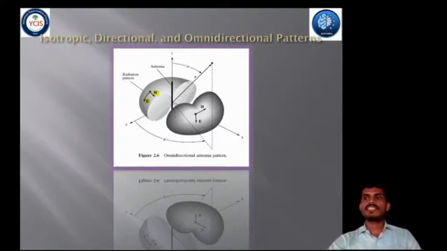Now the E plane is defined as the plane containing the electric field vector and the direction of maximum radiation. The H plane is the plane containing the magnetic field vector and the direction of maximum radiation.